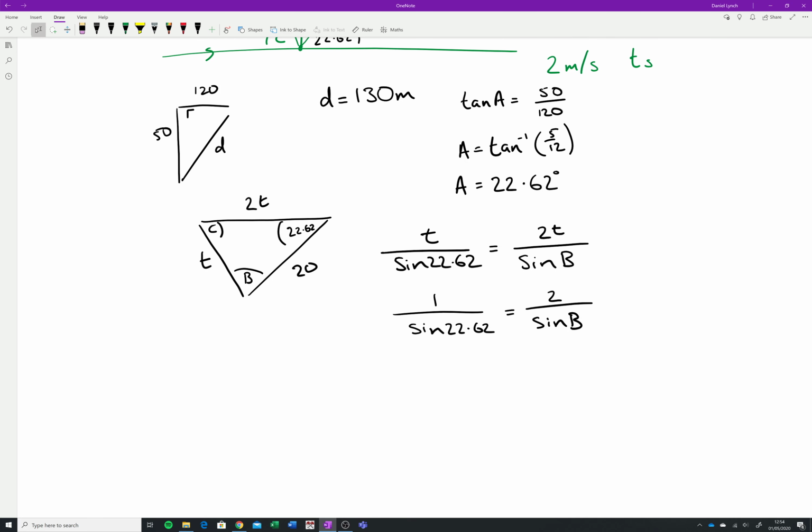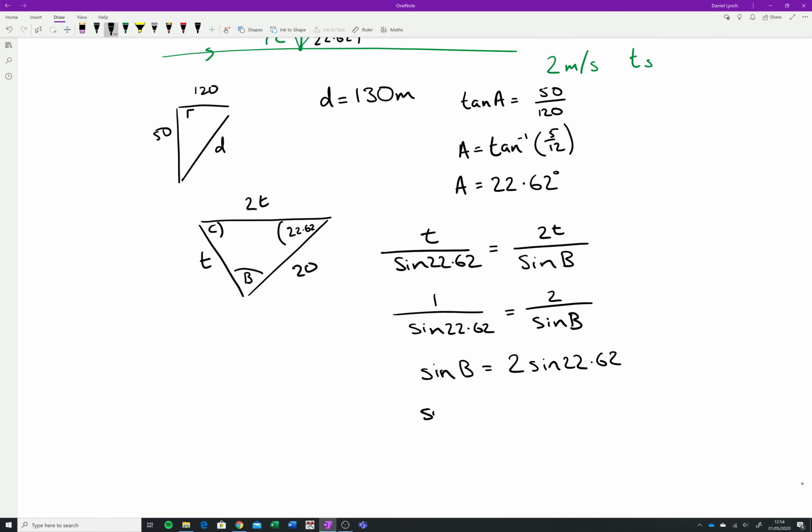Multiply both sides by sine 22.62 multiplied by sine b. On the right we get sine b, on the left we get 2 sine 22.62. And that is fine. So let's go and figure out what that is. So 2 sine 22.62, make sure you're in degrees mode.